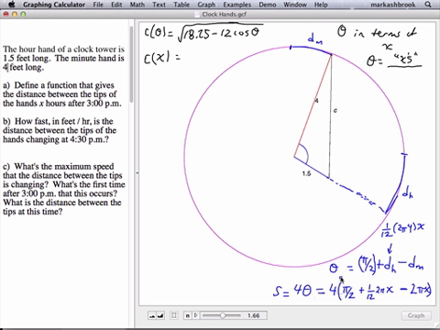So theta is just simply this thing in parentheses. We did 4 theta because we wanted to talk about it in terms of arc length, the way David suggested. But theta is just the initial angle, pi over 2, plus what the hour hand will move every hour times the number of hours, minus what the minute hand will move every hour times the number of hours. So we got it. Theta is that thing right there.